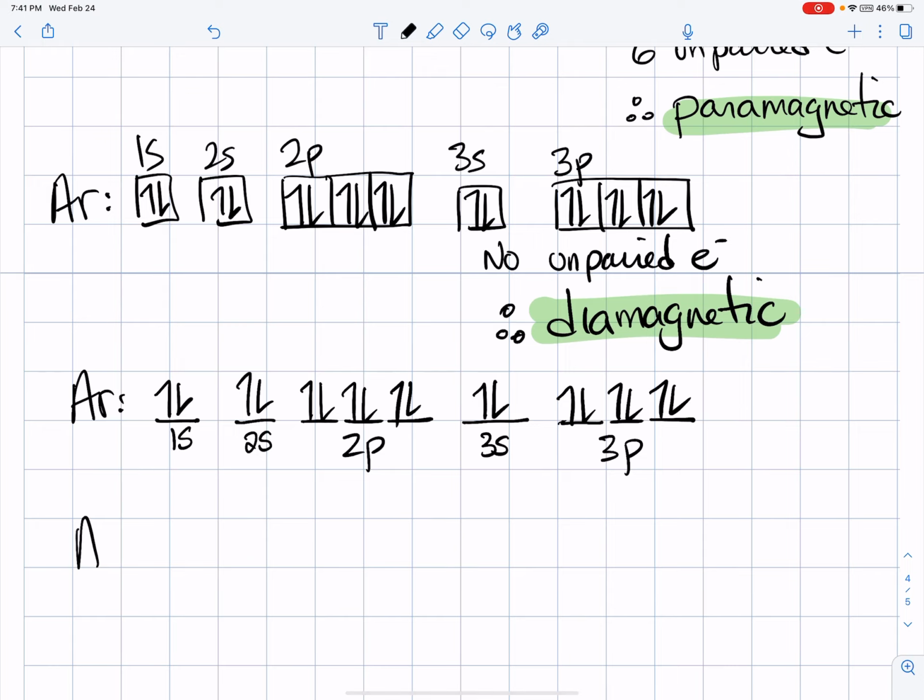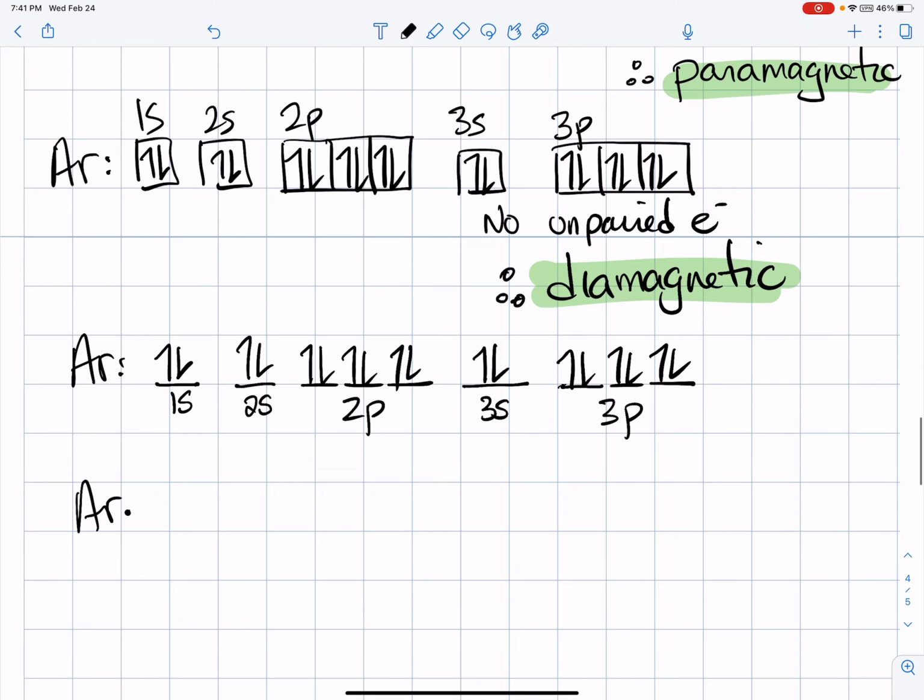Some people don't use boxes or lines, and they don't use arrows. They'll do this instead. They'll draw a circle, and they'll say that's 1s. And then instead of arrows, they'll do this: 1 electron, 2 electrons. There's 1s2. Then they'll draw another circle. There's 2s, 1 electron, second electron. There's 2s2. And then 3 circles very close together.